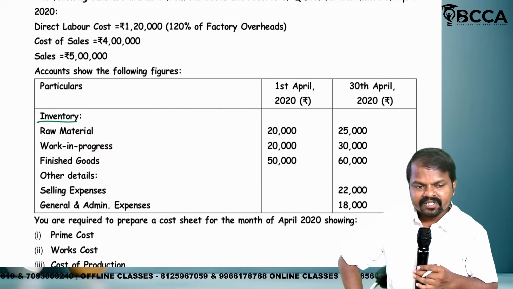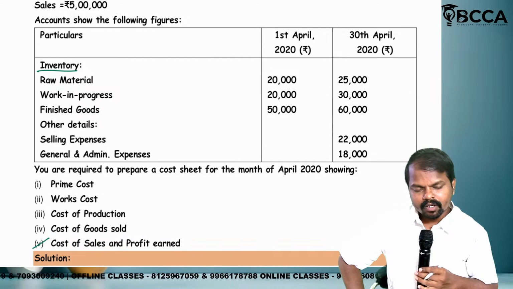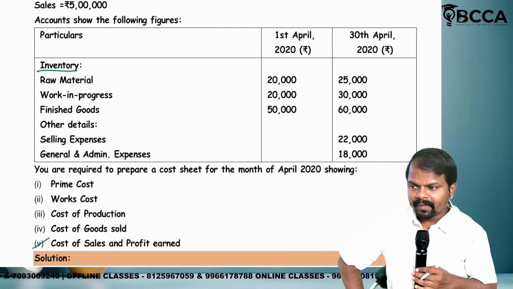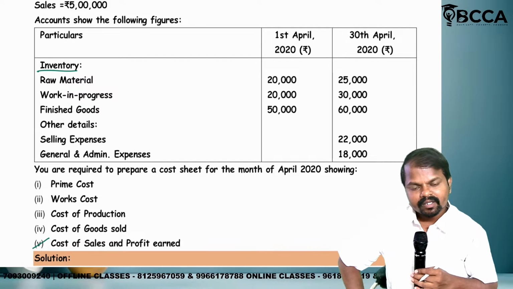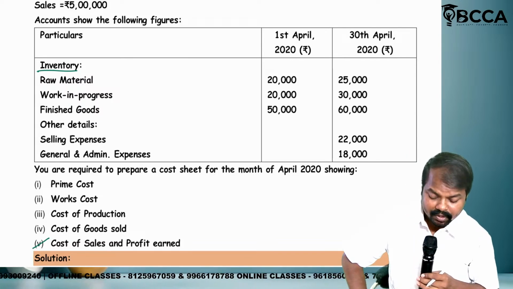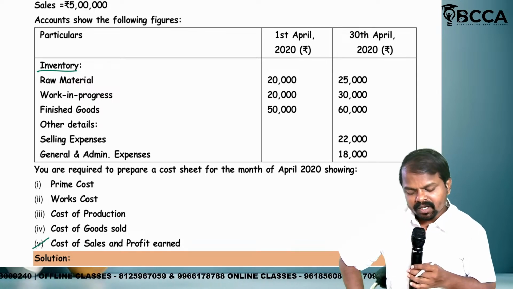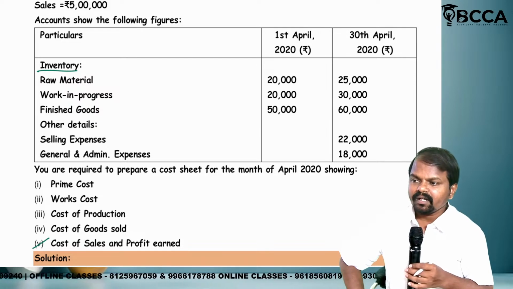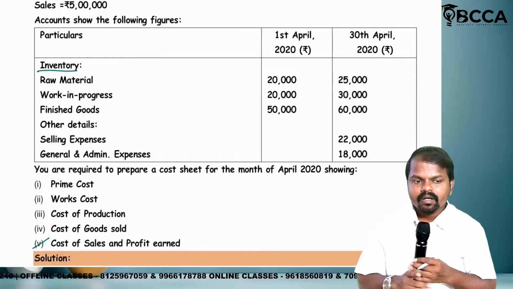General administration expense. You are required to prepare the cost sheet for the month of April 2020 showing prime cost, works cost, cost of goods produced. Cost of production or cost of goods produced, one and the same. Cost of goods sold, cost of sales, profit earned. Indirectly asking all the cost sheet required.